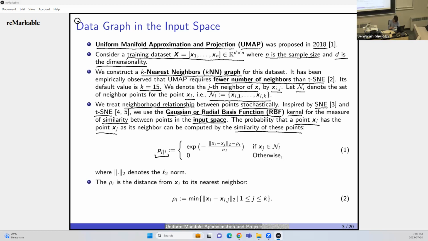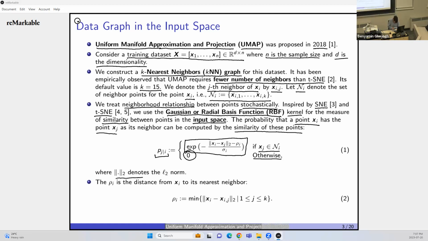Then if xj is one of the k nearest neighbors of xi, we take this Gaussian distribution as the probability of being a neighbor. Otherwise, we set it to 0. So here is one of the differences. SNE used a Gaussian distribution for all of the points. However, here we are using a Gaussian distribution only for the k nearest neighbors.